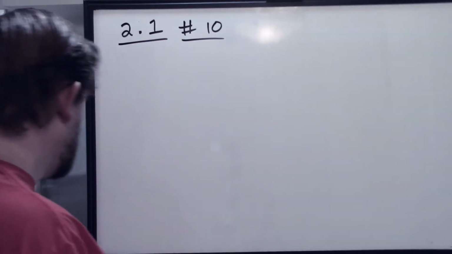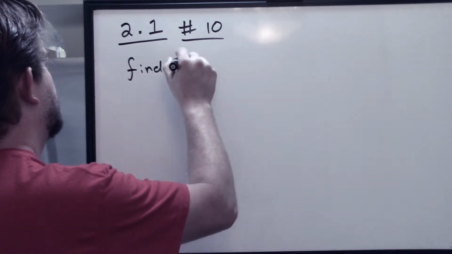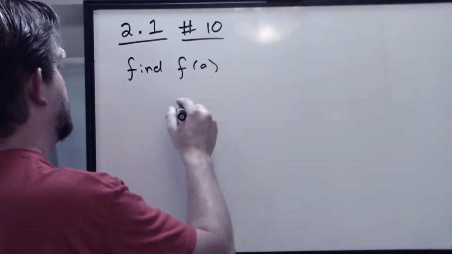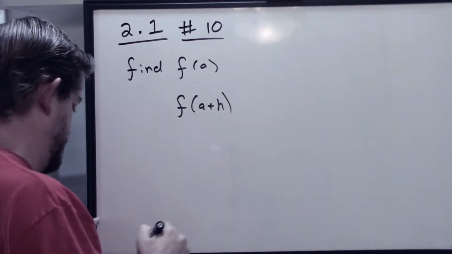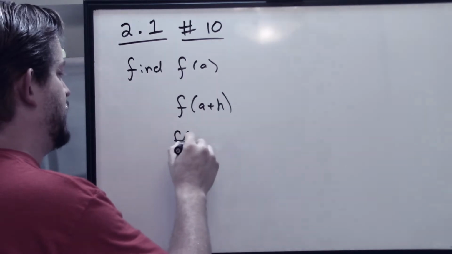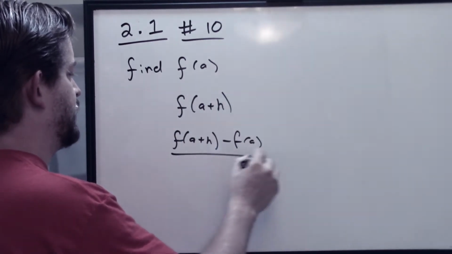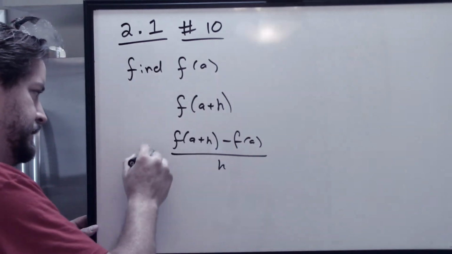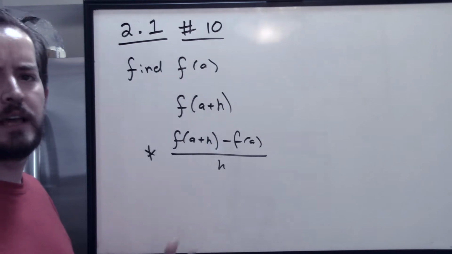10 asks you to find f of a plus h, and then the difference quotient, f of a plus h minus f of a, divided by h. This will become more important as you get into calculus.